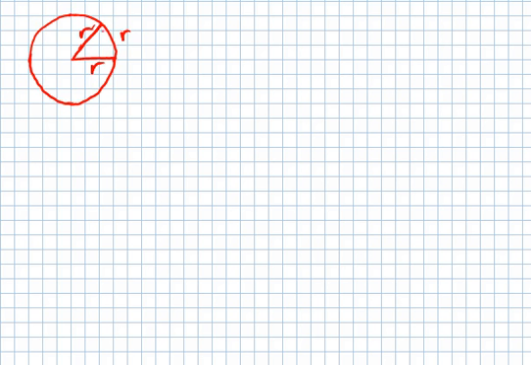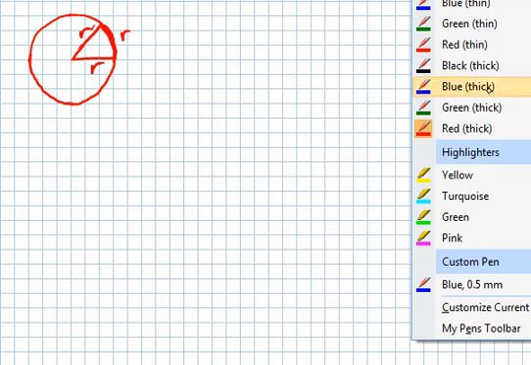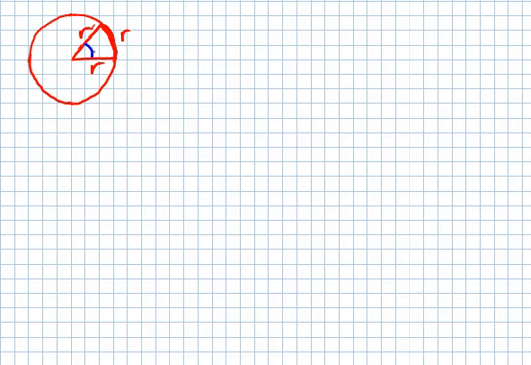And let's say that the arc length, this piece here, between them, is the same length as the radius. Then the angle between those two pieces is called 1 radian. So it's called 1 radian if the arc length is the same size as the radius.